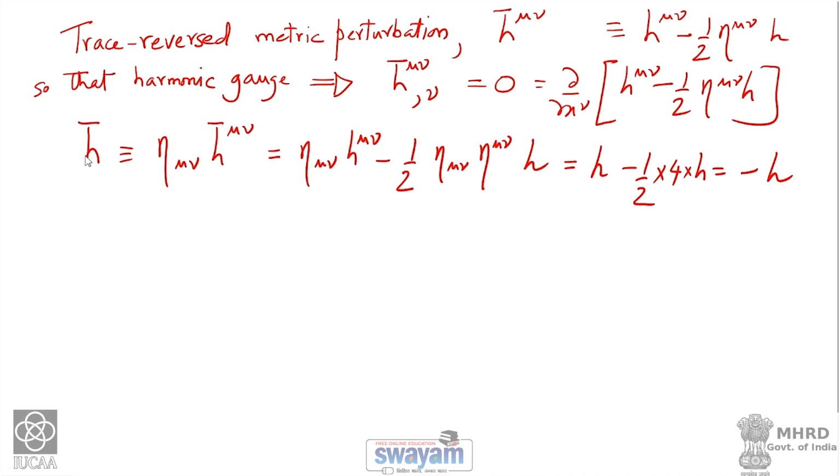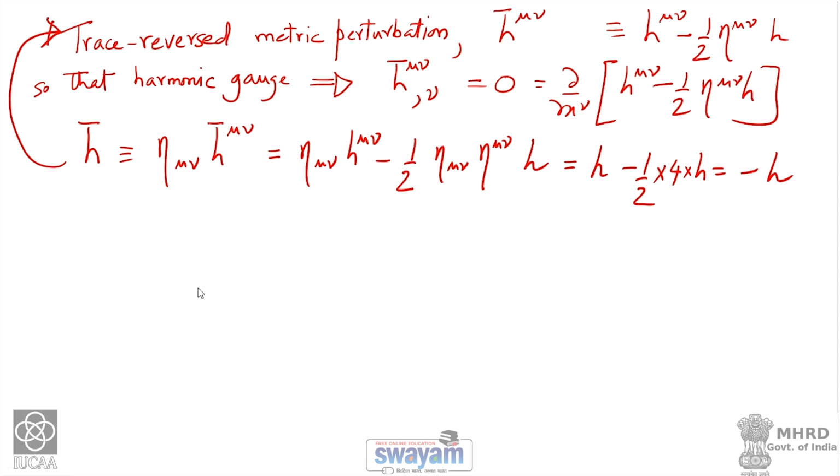So, we have just now demonstrated that h bar is minus h, and that is the reason why we call it trace reverse metric fluctuation. Now, the harmonic gauge basically tells me that the trace reverse metric perturbation is such that h bar mu nu comma nu is 0. You might ask, how can we ensure that such a coordinate condition is always satisfied?